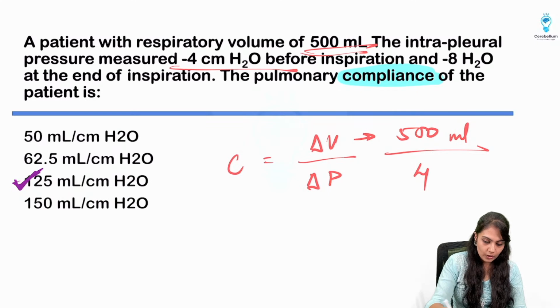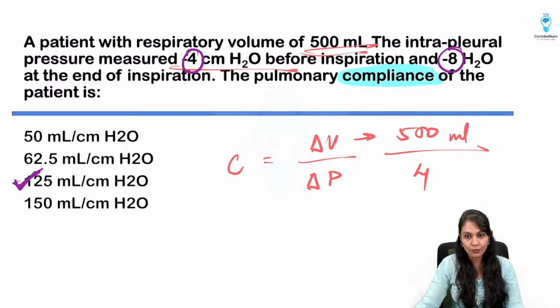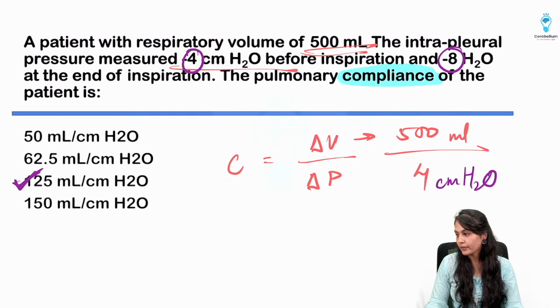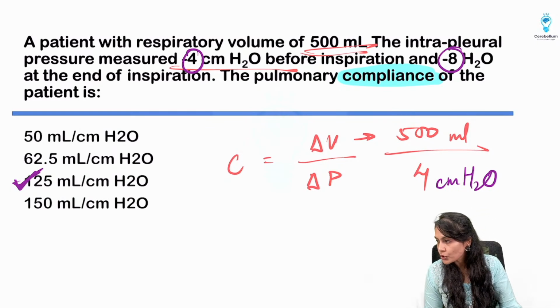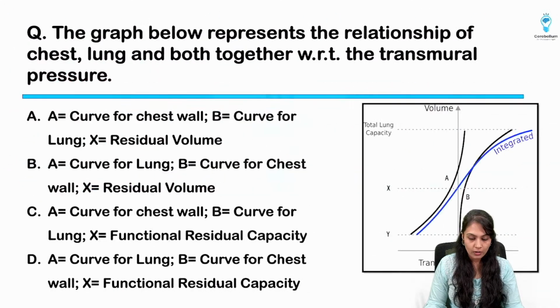The change in pressure from -4 to -8 is 4 centimeters of water, isn't it? So that is going to be 125. I got the answer from Shivanshu and Sahil and Roy. Correct, very good.